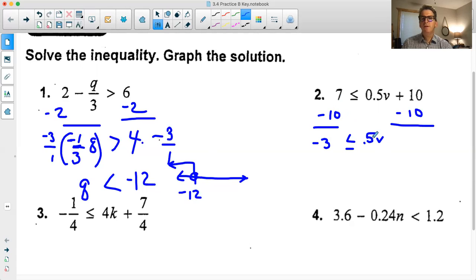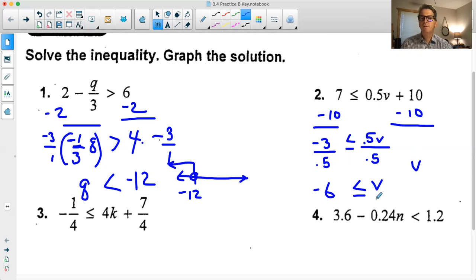Then in order to offset this multiplication, we undo it with division by 0.5 on both sides, and you have yourself v. We'll flip it around at the end, but negative 3 divided by 0.5 is going to be negative 6. So v is greater than or equal to negative 6.